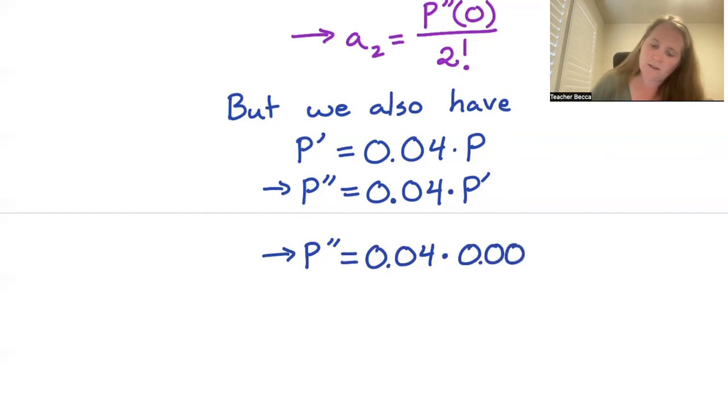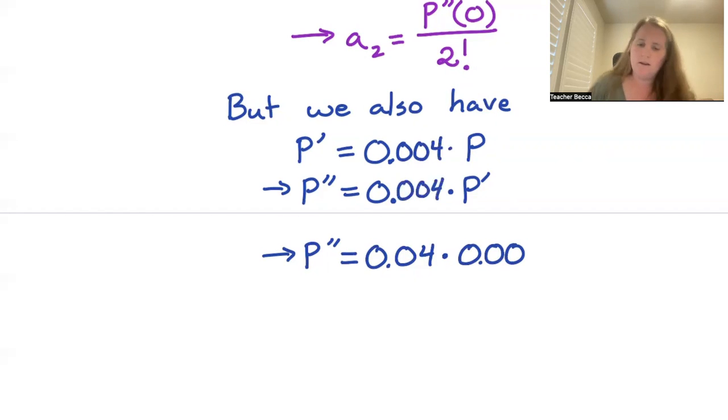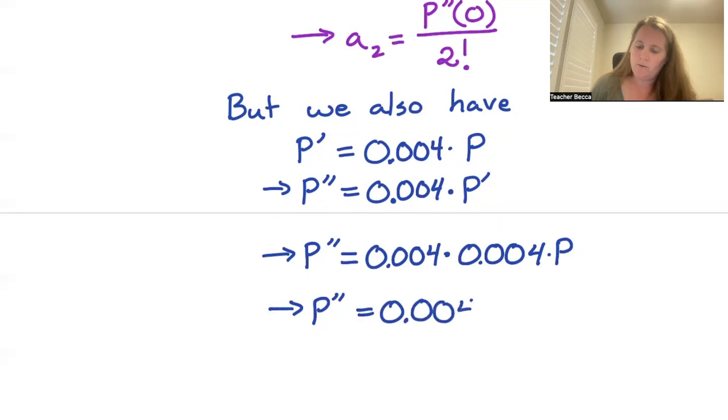Sorry, I'm missing a 0 here. We should have 0.004 times p prime, and then 0.004 times 0.004 times p. There, I just substituted our equation for p prime in. So we have the second derivative of p is 0.004 squared times p.